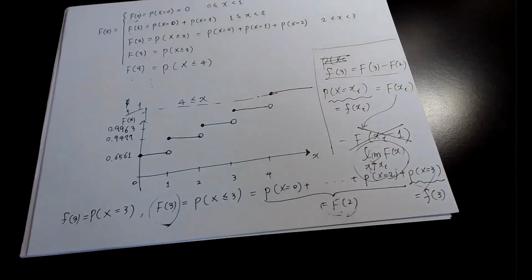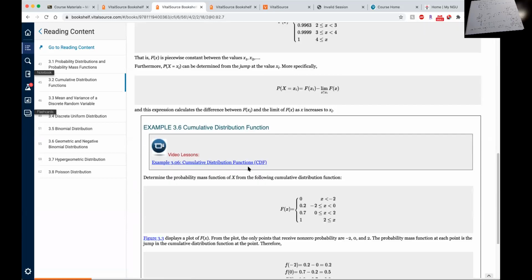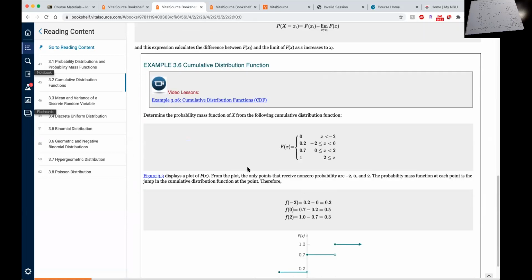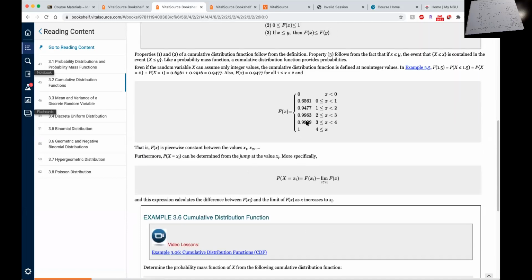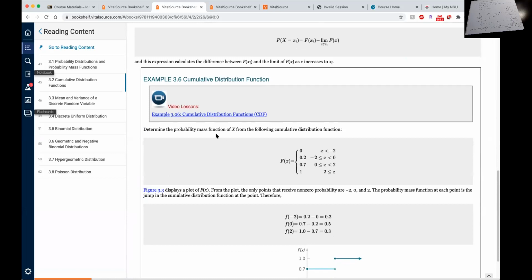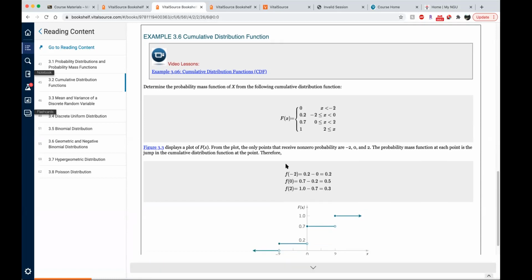Okay, so now back to the textbook. Right here, example 3.6. Example 3.6 is similar to the example we have seen. It says determine the probability mass function of x from the following CDF. The F of x is given here, and the graph looks like this.